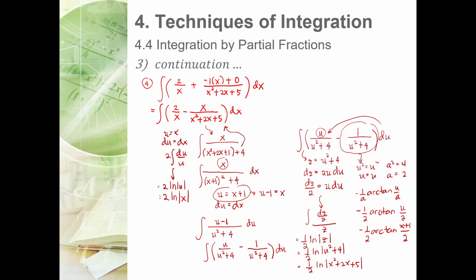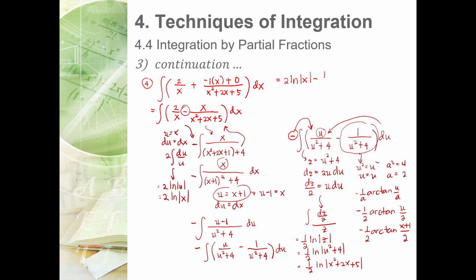Okay, so for the final answer, don't forget that this one is minus because it is coming from here, minus, then minus, minus. Let's go back to the red one. The final answer is 2 ln x, minus the integral of the first term.